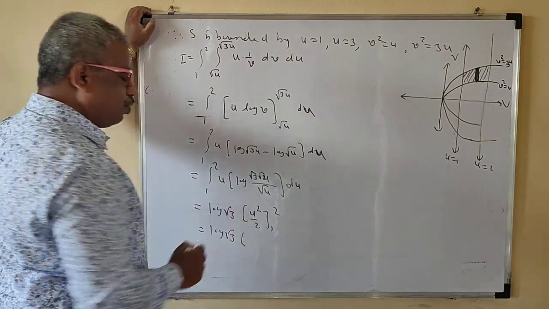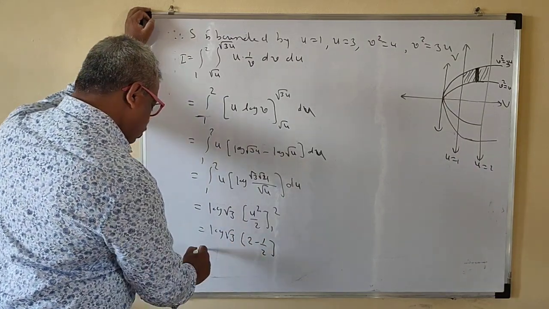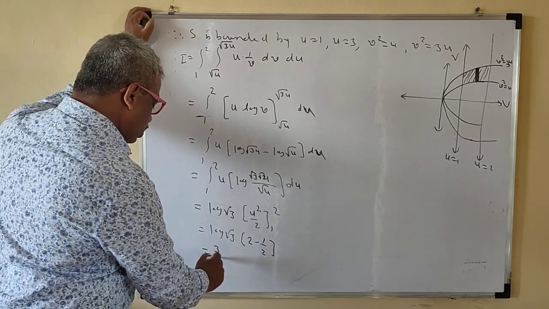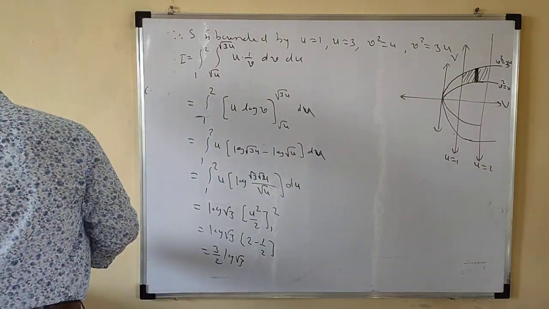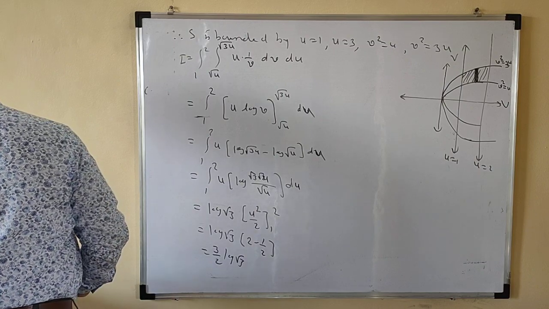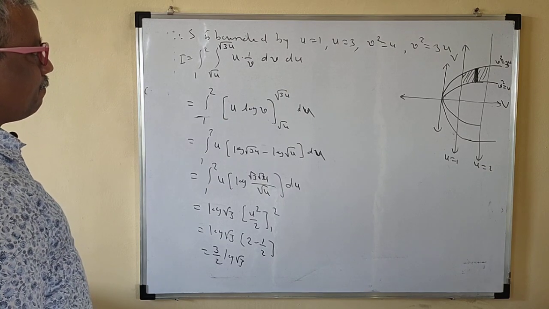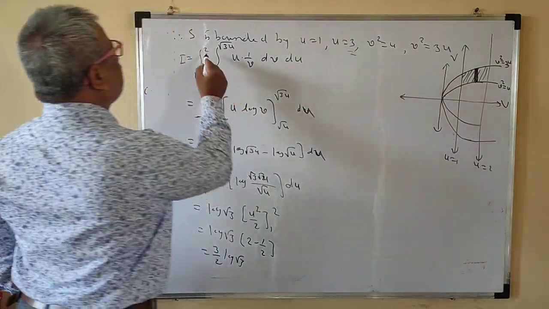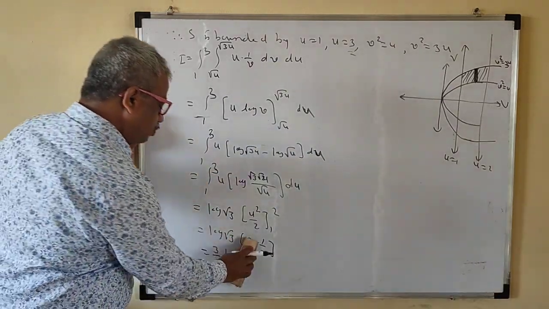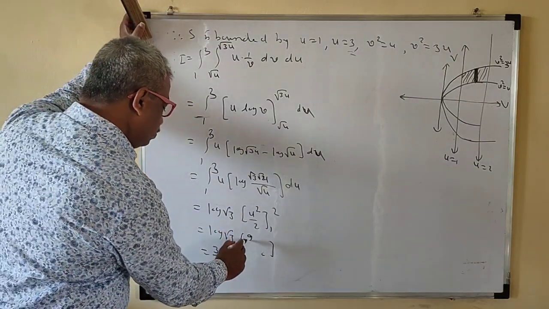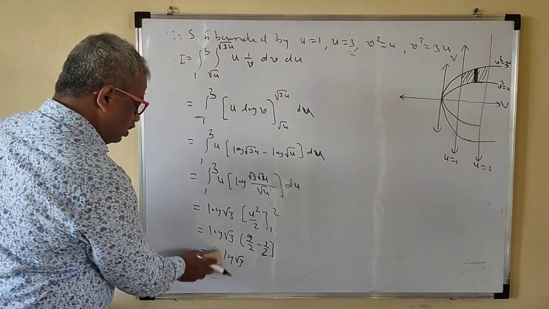Now if you put u is equal to 3, so 3 square by 2 is 9 by 2, minus 1 by 2.